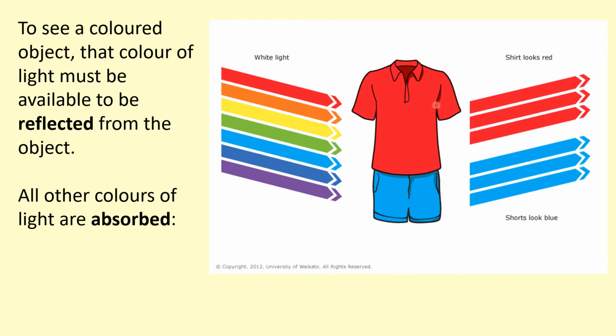So it's the red that's bouncing off and hitting your eye. And likewise with the shorts, the blue colour of the shorts is absorbing all of the other colours and reflecting the blue into your eye, and that's why you can see the blue.